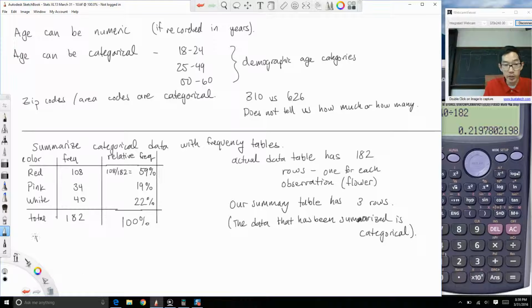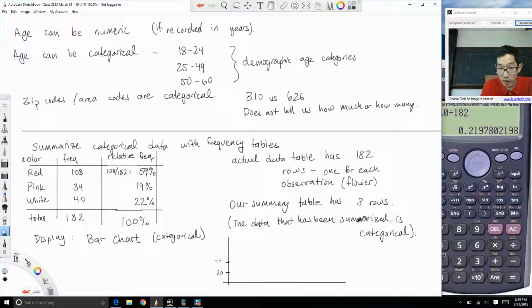And we can display our data using a bar chart. Okay, so the bar chart is for categorical data. And the way the bar chart works is, let's see if I can do this.